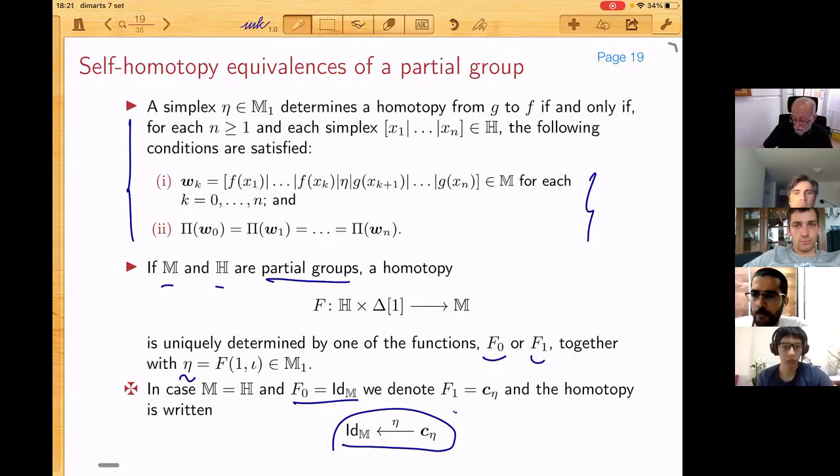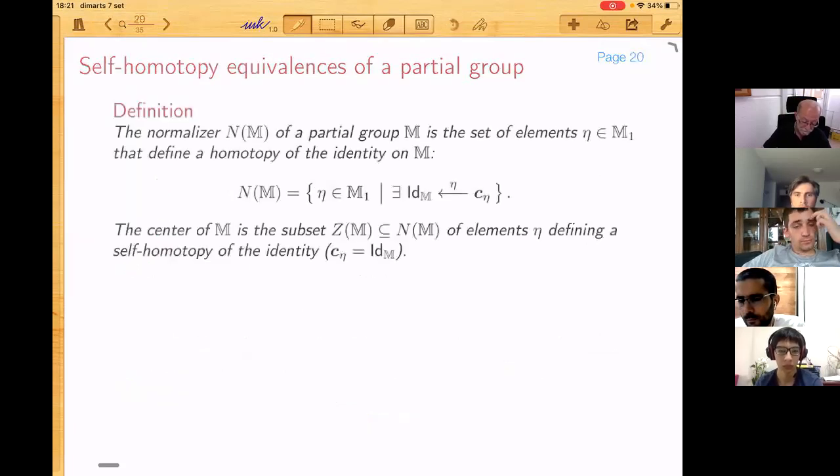And this is what we're going to call the conjugation by eta, which might not be really a conjugation yet, but this is what we define as conjugation by eta, when this exists, right? And so here comes the concept of the normalizer of the partial group.